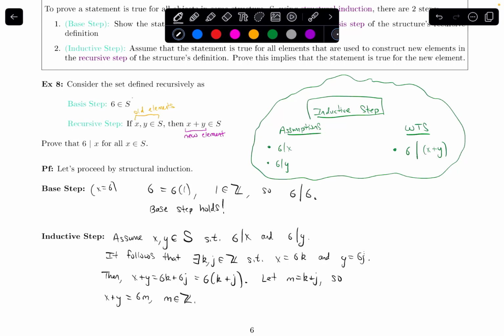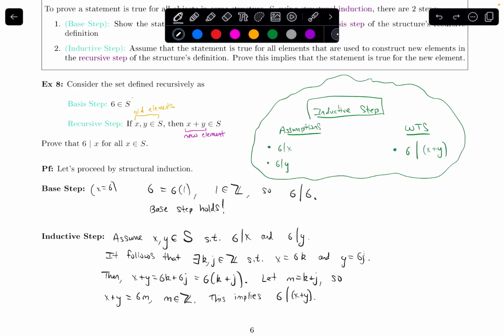But that's precisely what we wanted. This implies that 6 does divide x plus y. That's the definition of what it means to divide x plus y. So we've reached what we want to show.